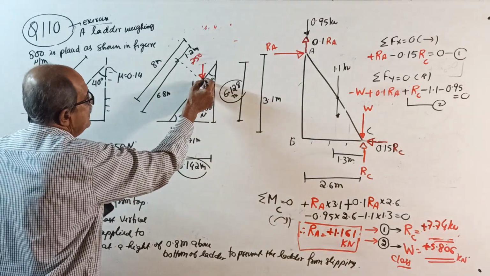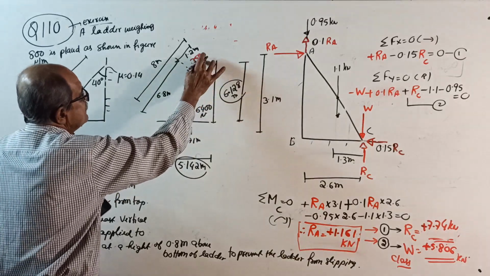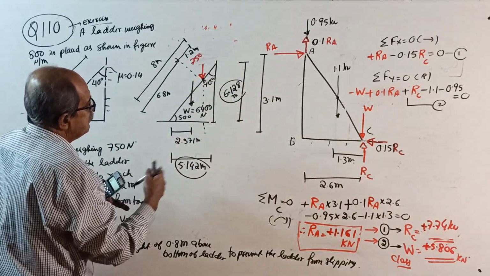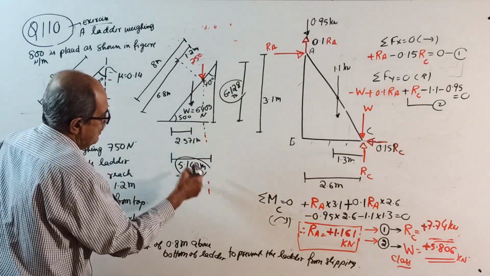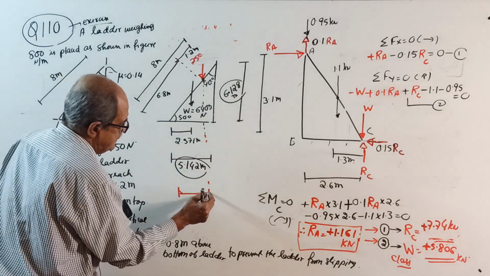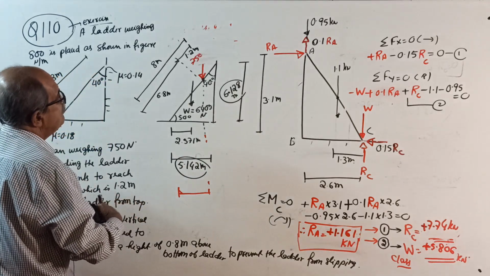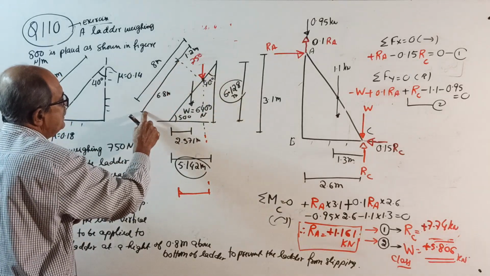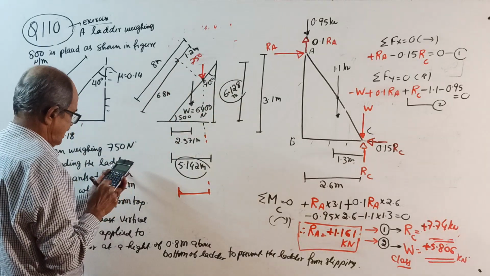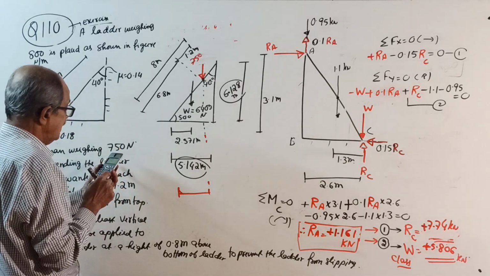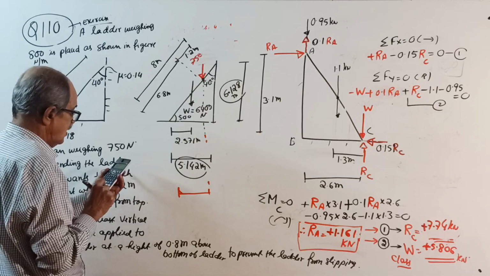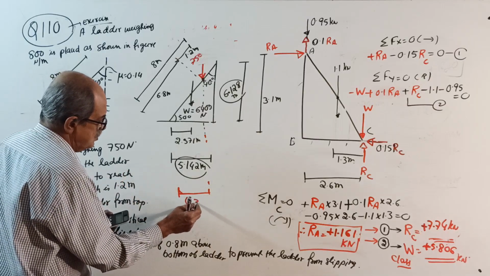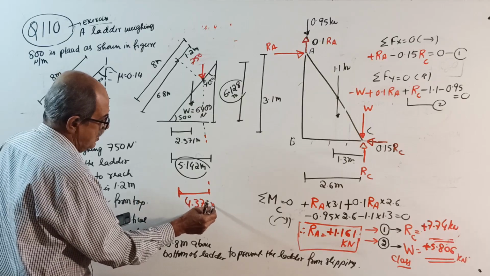Now the person standing here, 750 Newton, if I project that red point, this distance will be 6.8 into cos 50, or sin 40, which is 4.371 meter. Show the calculation.